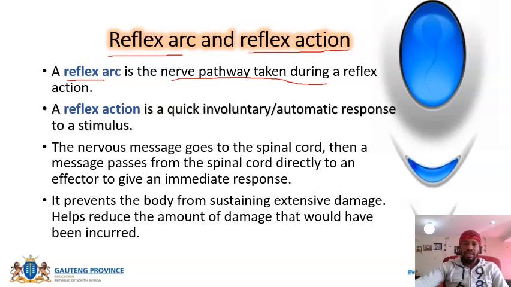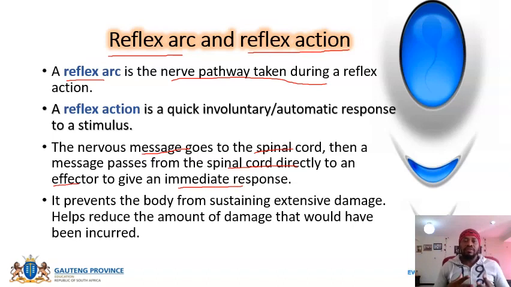During a reflex arc, the nervous message goes to the spinal cord, and the message then passes from the spinal cord directly to an effector to give an immediate response.